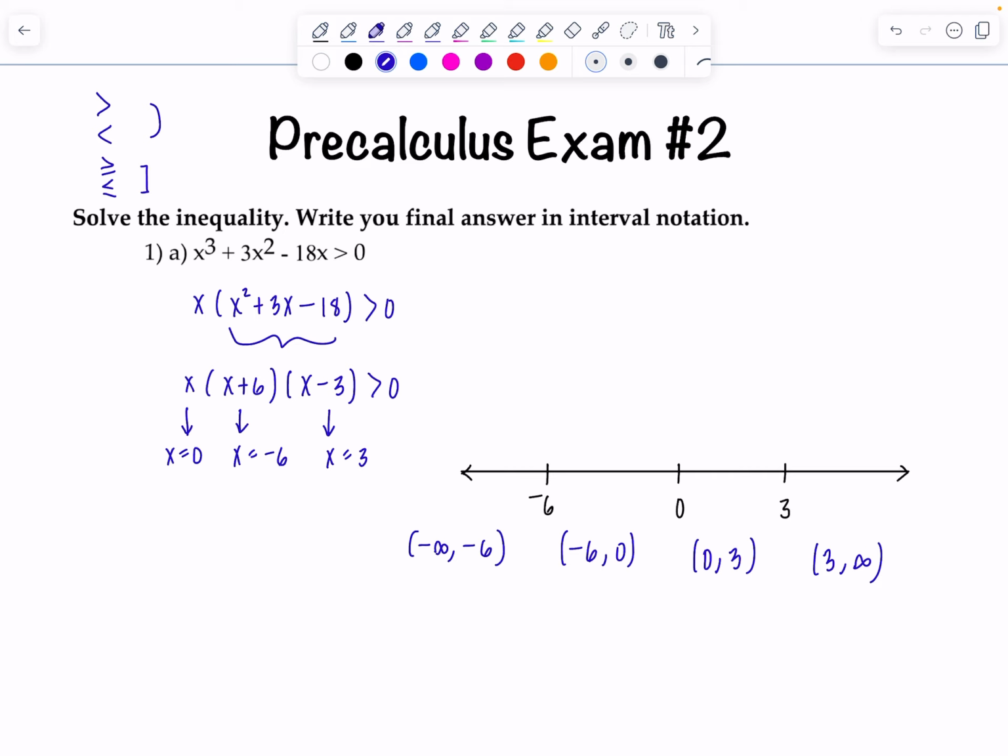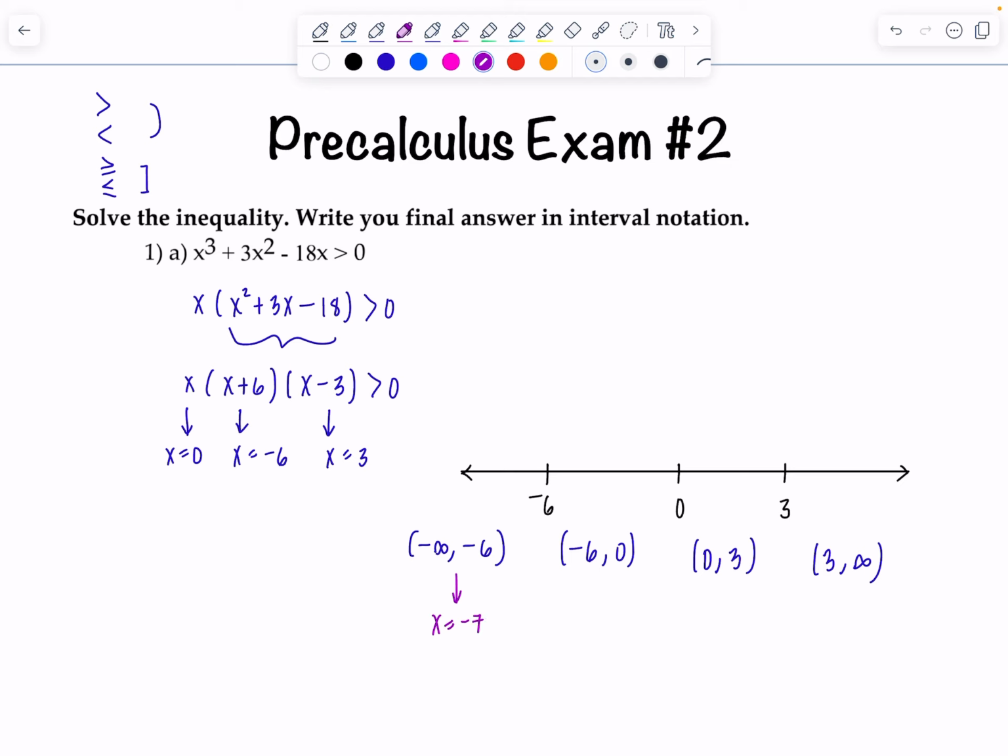Now what you're going to do is you pick a value from each of these intervals, some representative value, and you test it in the left-hand side of the inequality to see if it gives you a true statement, if it satisfies the inequality. So for example, pick a number between negative infinity and negative 6, and don't ever pick the endpoint, okay? So shall we test with negative 7?